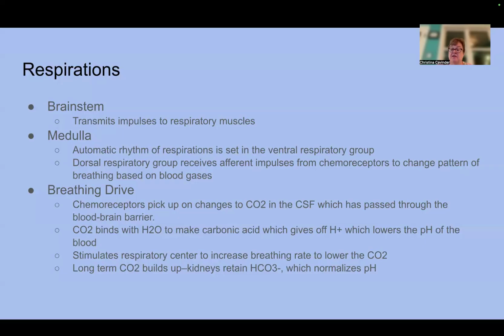Bicarb, then the hydroxyl ion, which is OH negative, binds with the hydrogen ion to make water, neutralizing your pH. But then you have CO2 left over, so it makes even more CO2. So we don't like to wait for the kidneys to do it because your CO2 will go up even more. So your pH will normalize, but your CO2 will be higher, and that's when you get into trouble with that.